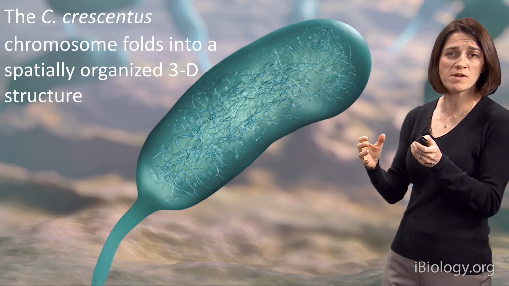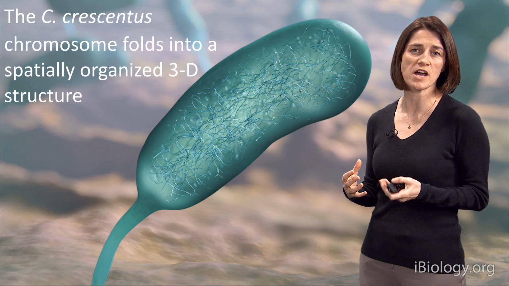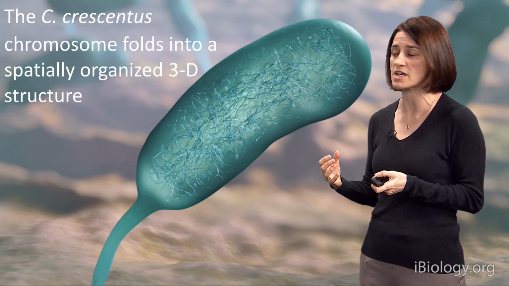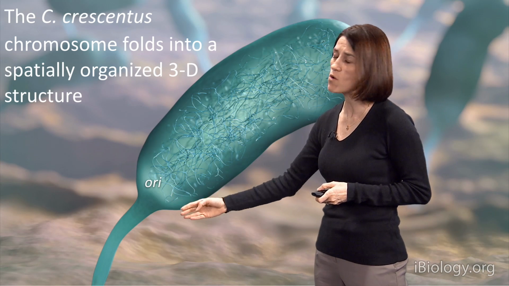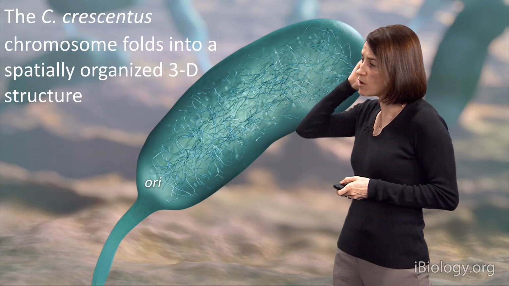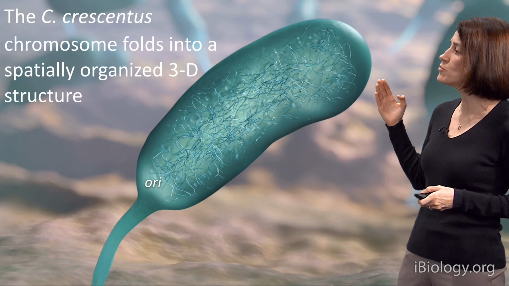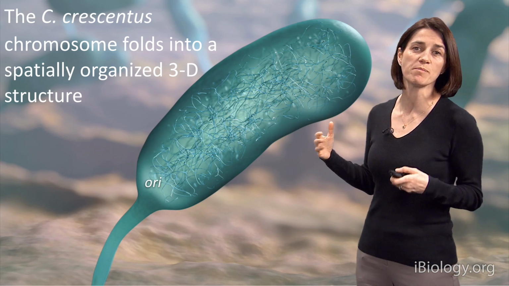But as I mentioned in my first presentation, the chromosome is folded in a spatially organized fashion, such that each gene is going to be located at a specific location inside the cells, and such that in Caulobacter, the origin of replication is always found at one end of the cells, which we call the old pole, to distinguish it from the new pole at the opposite end, which is called new pole because it was made by the last division.